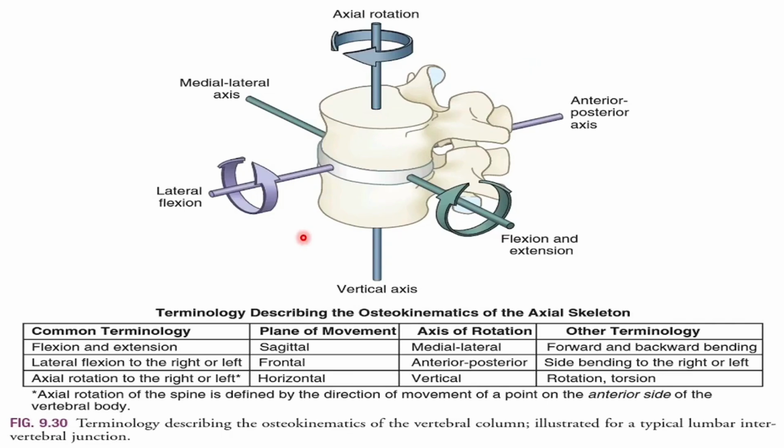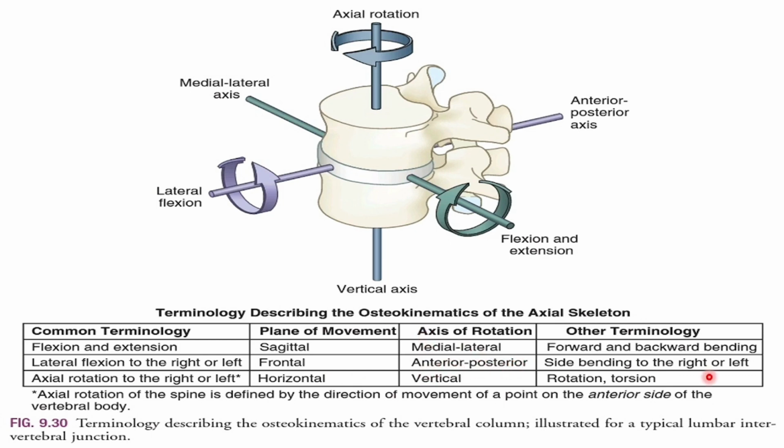And coming to the terminologies of osteokinematics, you can see here flexion and extension occur in the sagittal plane, that is the mediolateral axis of rotation. The other terminologies used for flexion and extension are forward as well as backward bending. Lateral flexion to right or left occurs in the frontal plane or coronal plane, around the anteroposterior axis.